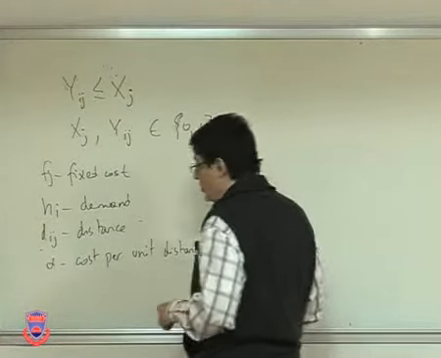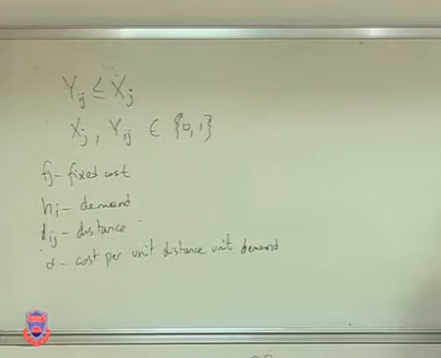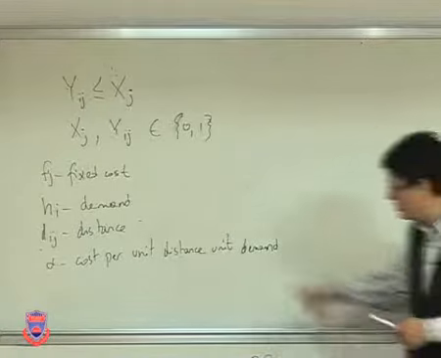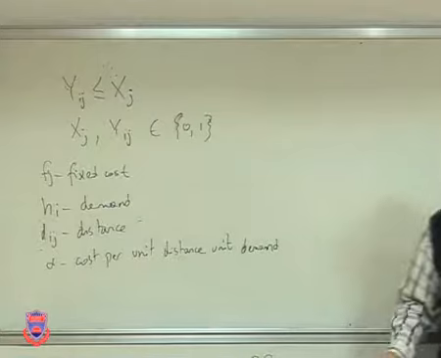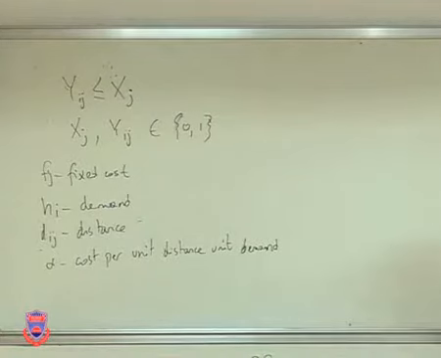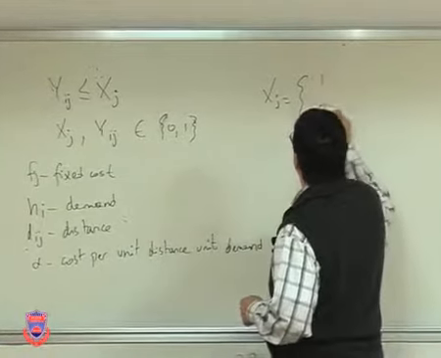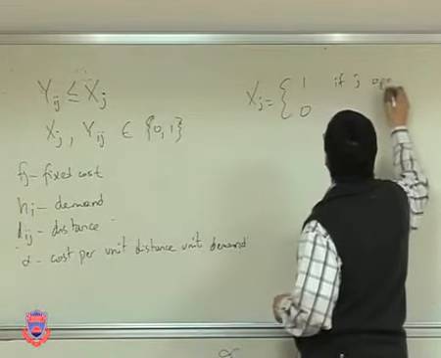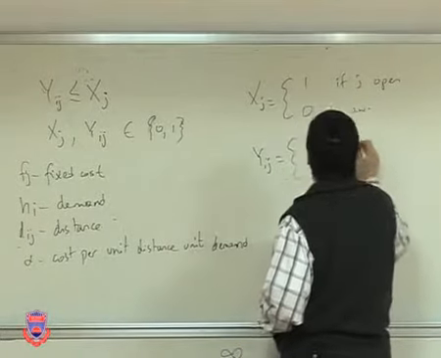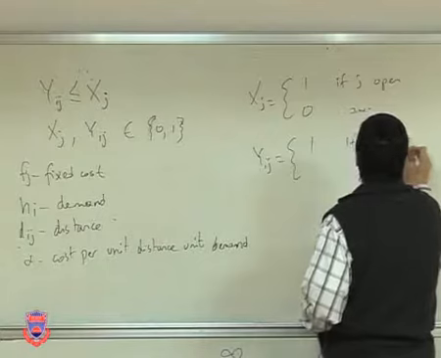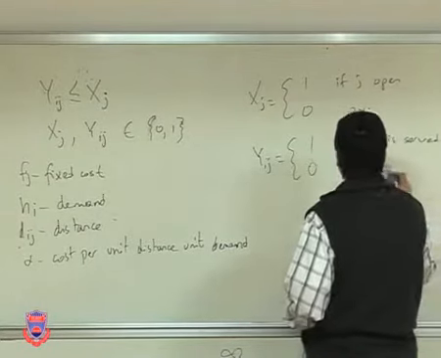So you might have a cost which is alpha per unit distance times unit demand, so both of them are in the denominator. And xj is going to take a value of 1 if j is open, otherwise 0, and yij is going to be 1 if i is served by j, 0 otherwise.